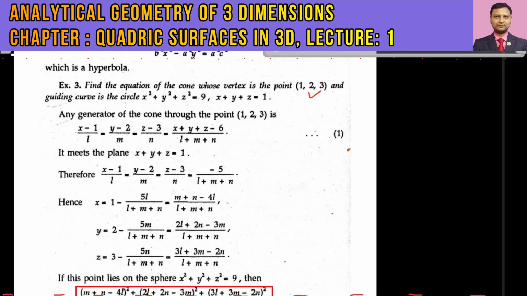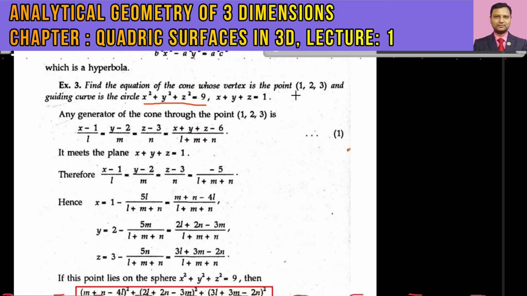Okay, we are given a cone having vertex at the point 1, 2, 3, and the guiding curve is the circle x square plus y square plus z square is equal to 9, x plus y plus z is equal to 0. What does it mean? It means that this circle is actually represented by two surfaces. This is the equation of a sphere, and this is the equation of a plane. So the circle is actually the intersection of this sphere and this plane.